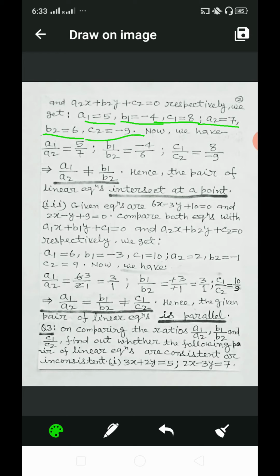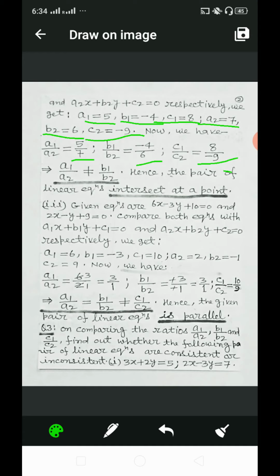Now we find the ratios. a1 by a2 is equal to 5 by 7, b1 by b2 is equal to minus 4 by 6, c1 by c2 equal to 8 by minus 9.